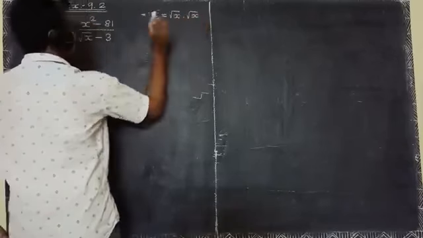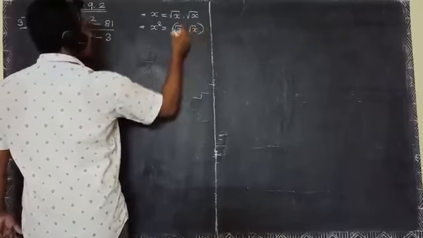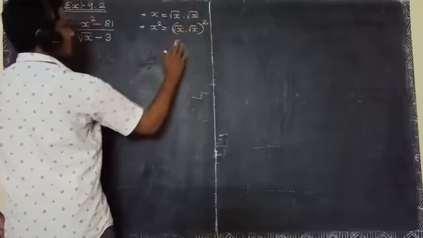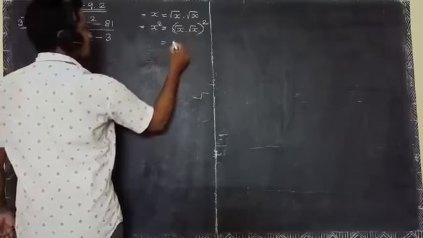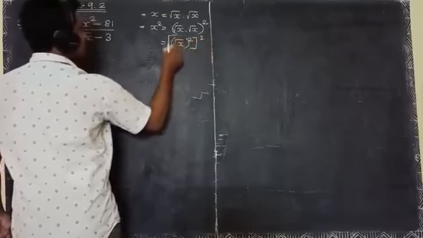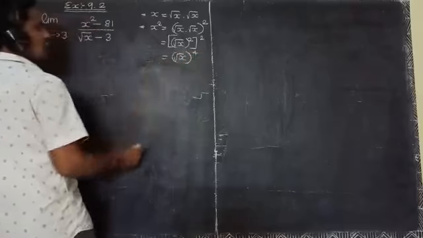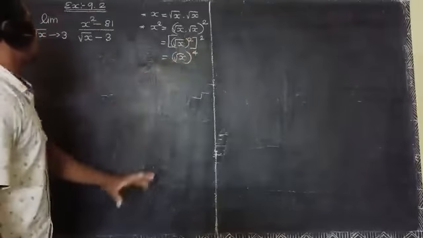Similarly, x square can be written as (root x into root x) the whole square, again squared, that is root x the whole power 4. Yes, x square can be written as root x the whole power 4.